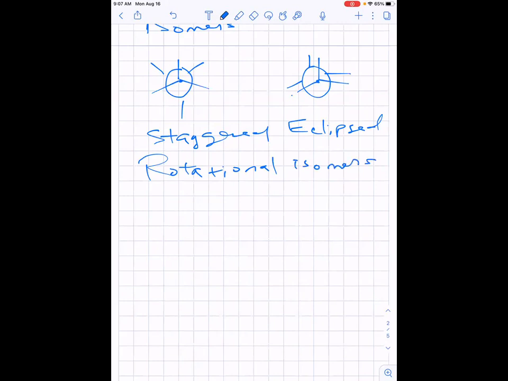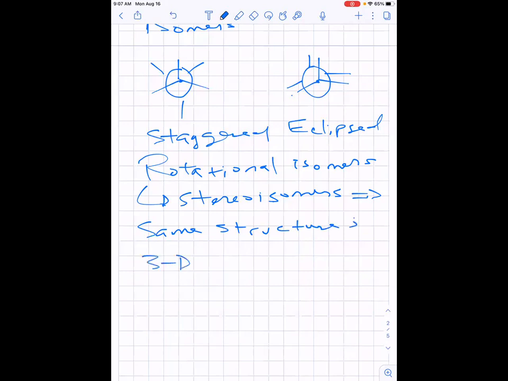But there's also a type of stereoisomerism, right? So what a stereoisomer is, right? They have the same structure, but the 3D orientation is different.